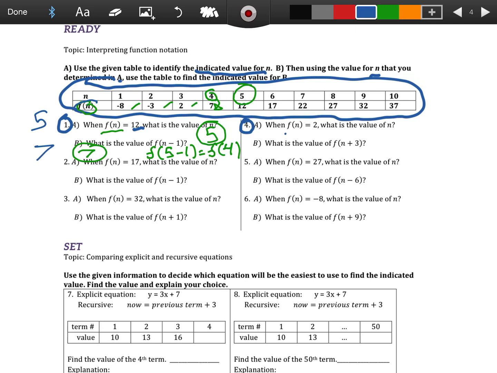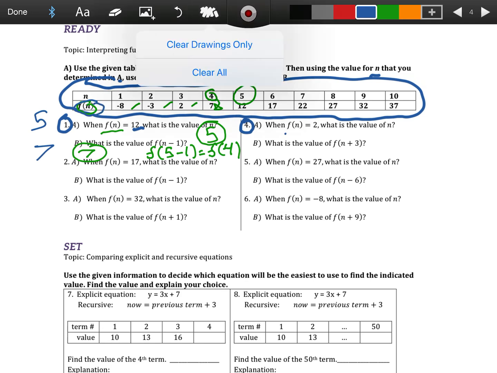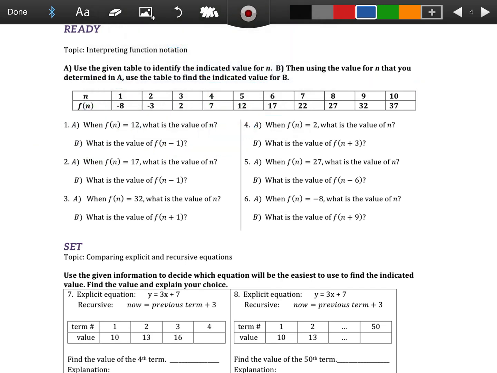And with 4a, we're finding when f of n equals 2, the value of n that's produced from that. So I know that I'm down here on this second row again, and I am aiming to find where the outcome is 2. So I know that occurs here. So that means my input was 3.